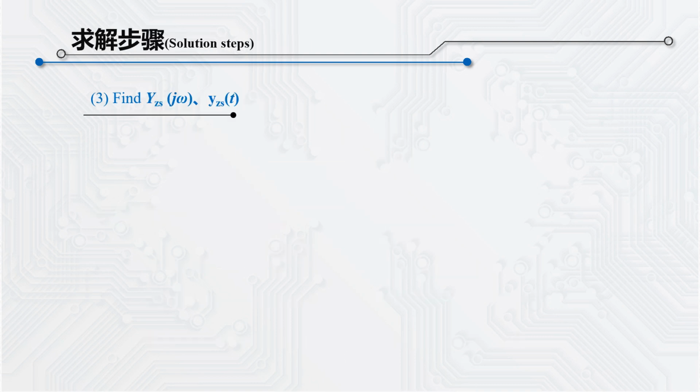Next, let's find the output Y_zs(j omega) of this system and its time domain function y_zs(t). According to the characteristics of the system, Y_zs(j omega) is equal to H(j omega) times X(j omega). The given system function is a gate function with a width of 6.